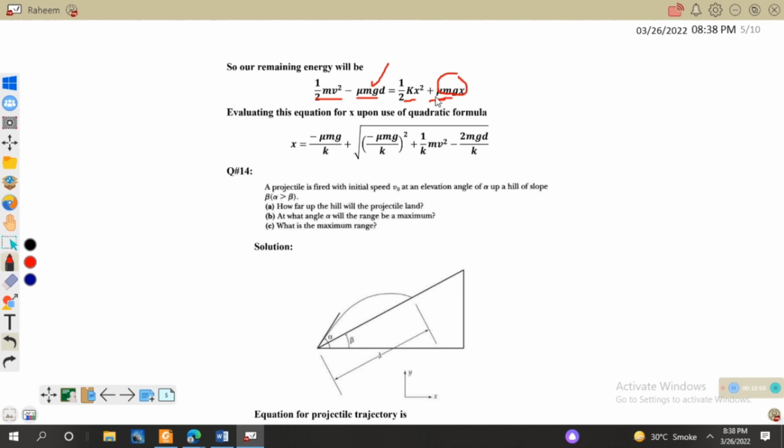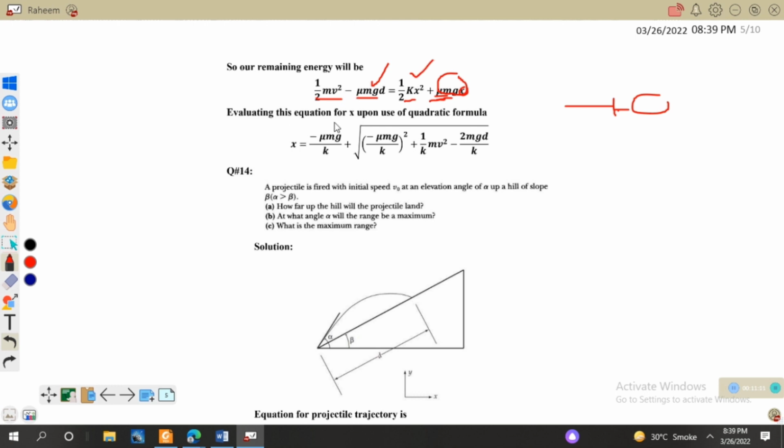This mu mg is due to friction and x is the distance the spring compresses, because if the block is compressing the spring, it definitely will face some frictional force, so some amount of energy will be used there too. So mu mgx plus 1 by 2 kx square.